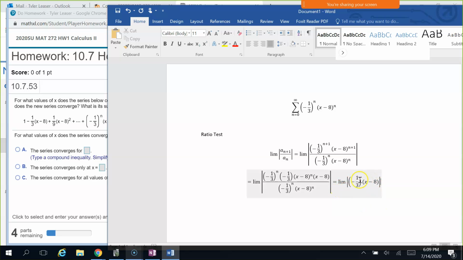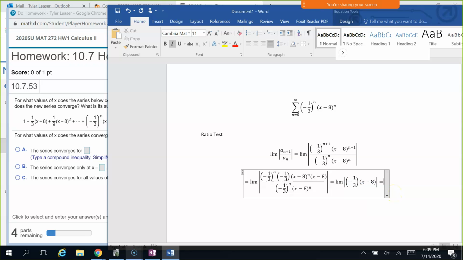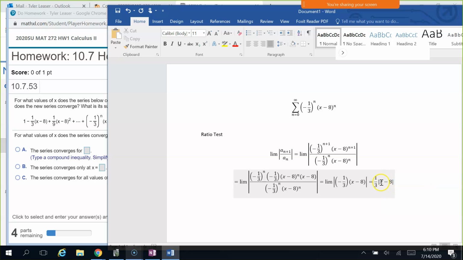So because of that, this is just a constant with respect to n, which means this is going to be the limit. So this is just going to be, the absolute value makes that negative sign disappear, and then it's 1/3 times the absolute value of x minus 8. Since we don't know what the x is equal to, it still could make the inside of this negative. We're going to keep the absolute value going.